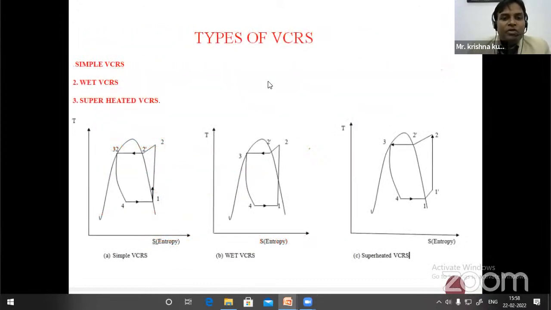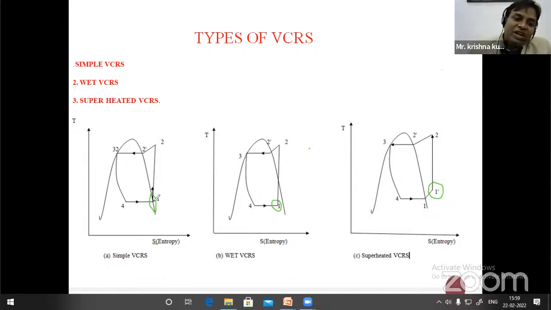If we talk about types of VCRS system, it is classified into 3 types: simple VCRS system, wet VCRS system, or superheated VCRS system. For the simple system, the starting point of compression always lies on the saturated line. Here you can see this is the saturated point, this point is in the wet region, and this point is in the superheated region. Based on this point 1, we define the VCRS system.